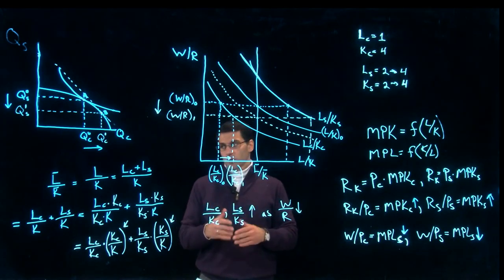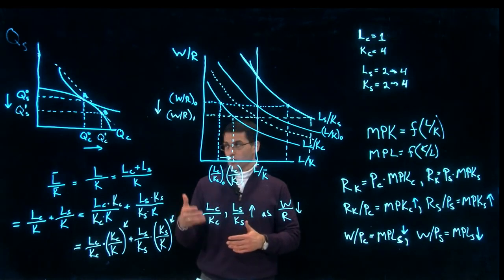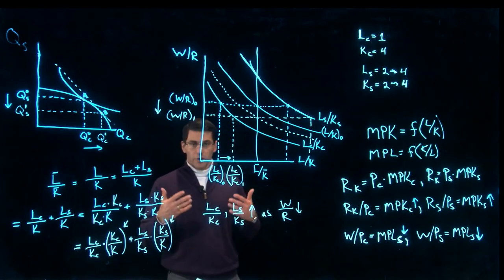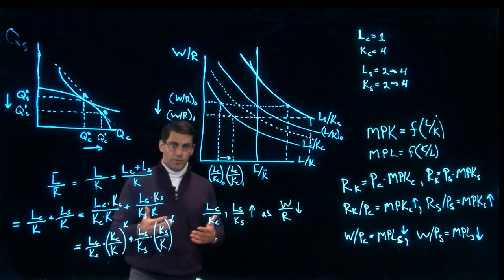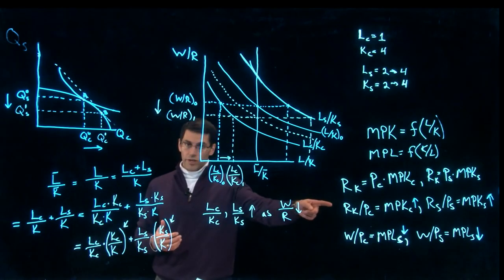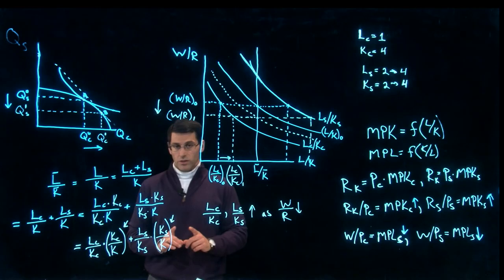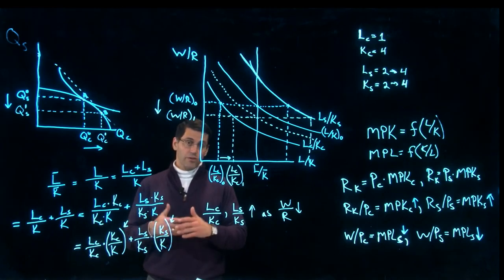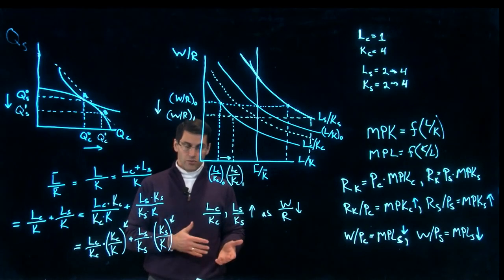Okay? In other words, the way we set up this example was the home country is capital abundant. So when we open up to trade, capital, the abundant factor, sees its return, the rental rate, increase in real terms. Labor, which is the relatively scarce factor, sees its return, the real wage rate, decrease.